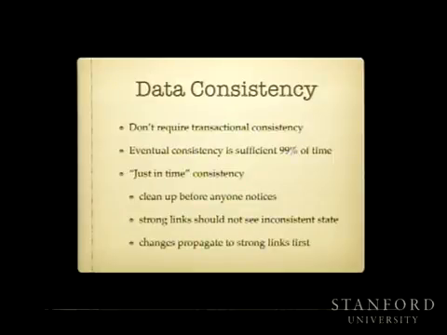So I think that if you want a system that really has good performance characteristics, you're going to live with something that you could call just-in-time consistency, where basically you try and make sure that any updates that need to be seen by others get pushed out as soon as possible to the people who most need to see it.